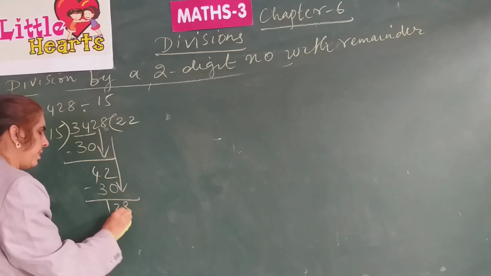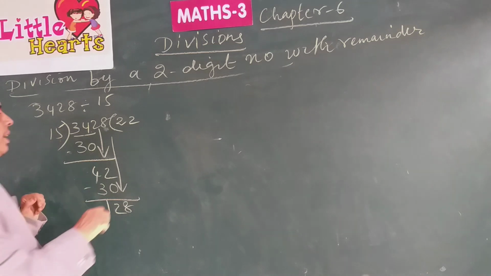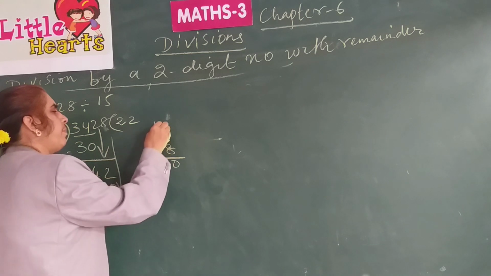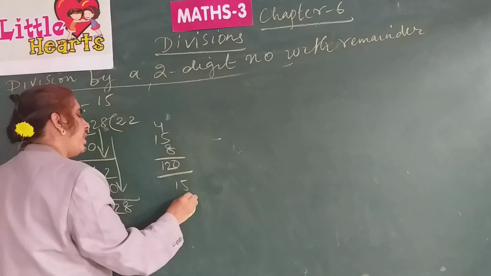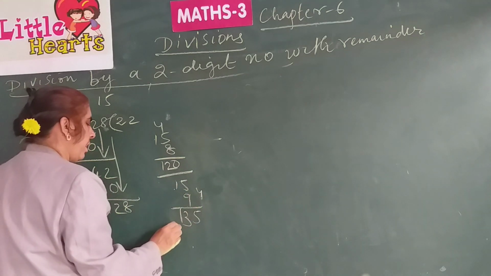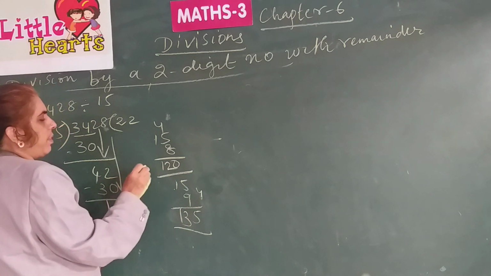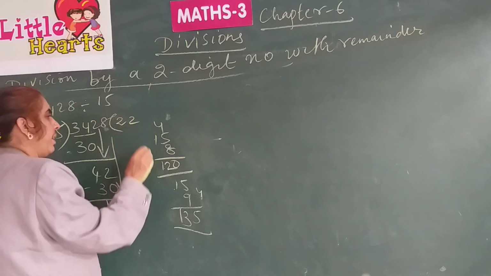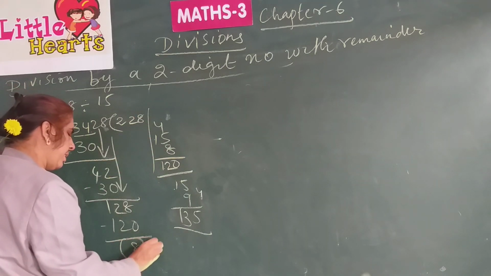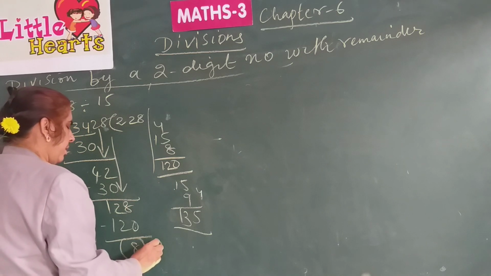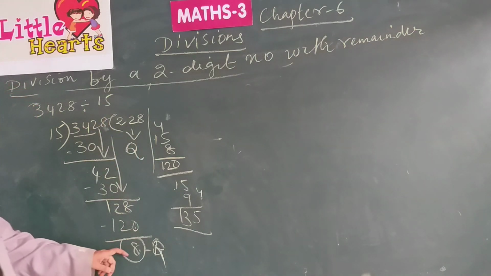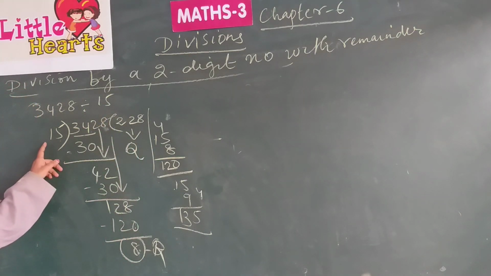Bring down 8. 128. 15 eights are 120. 15 nines are 135. As 135 is greater than 128, we have to go with 120, that is 15 eights. 128 minus 120 is 8. This is the remainder and this is the quotient. And remember that always the remainder should be less than the divisor.